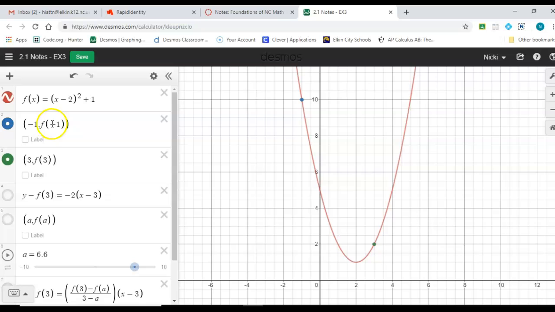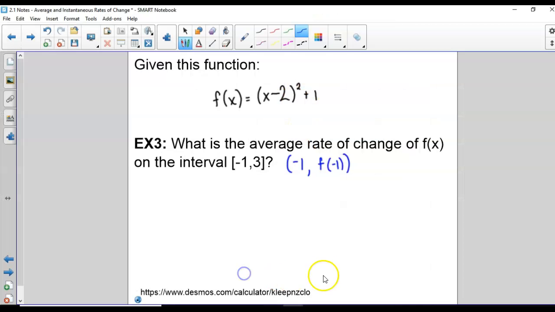I put in -1, f of -1. And Desmos will put that point there on the graph. I can change my function and it'll still put that point on the graph even though it'll be a different graph. It'll be a different coordinate, but it'll be on there. So -1, f of -1 would be our first coordinate, and then 3, f of 3 would be our second coordinate.